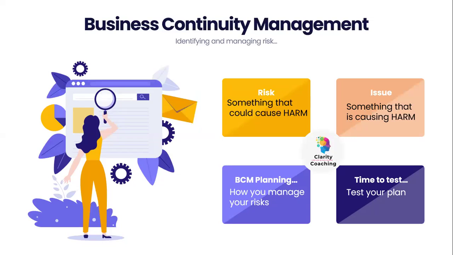So it's important that we understand the difference between risks and issues. Risks are something that could cause harm. An issue is something that is causing harm. Sometimes your risks may turn into issues, and sometimes issues that you've currently got right now, that you put mitigation in to correct, may turn back to become a risk.